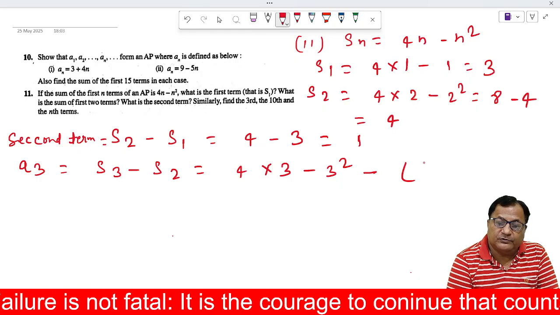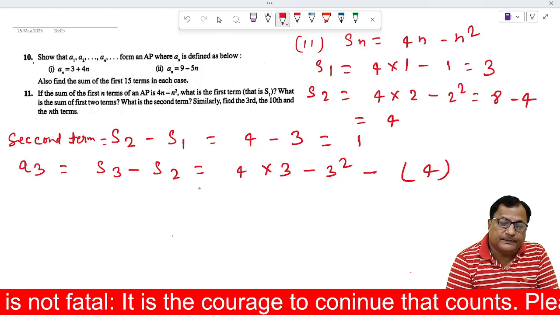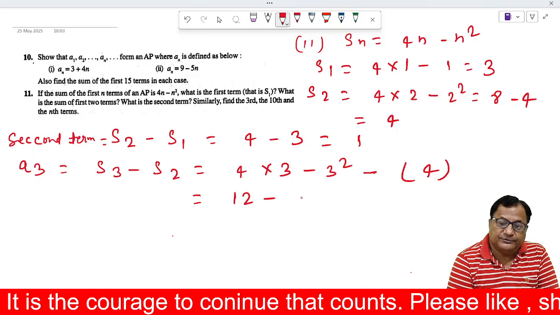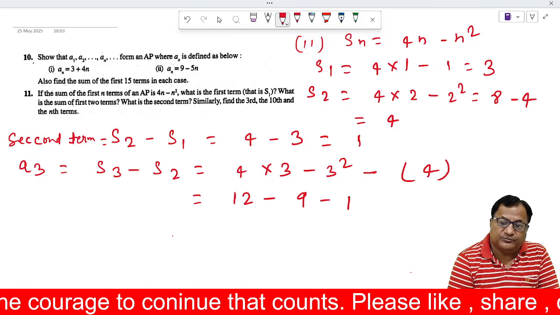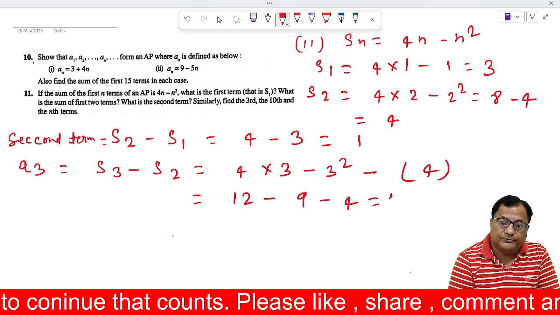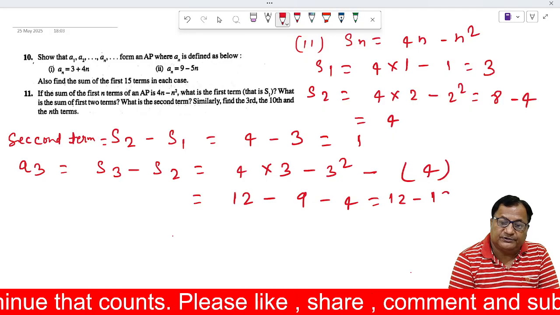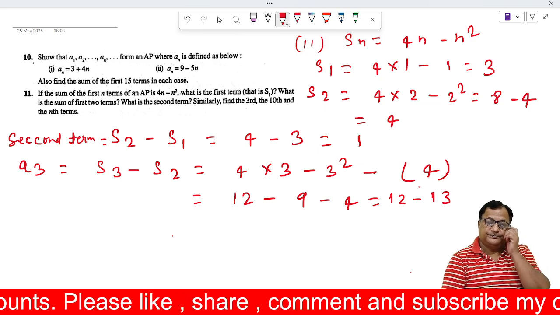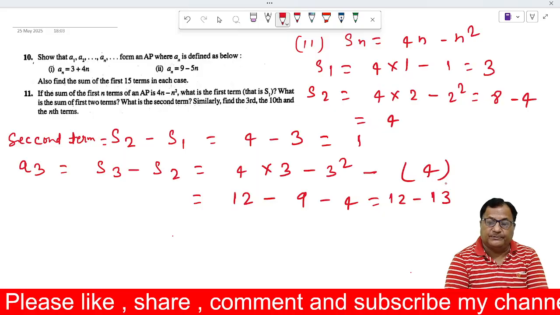S2 is given as 4, so we subtract 4. So this will be 12 minus 9 minus 4, which is equal to 12 minus 13, minus 1.